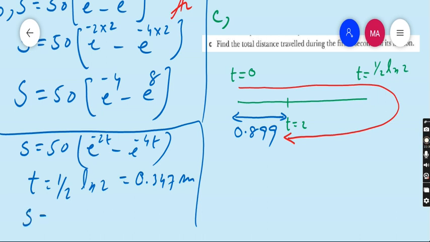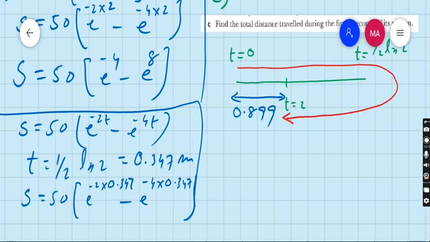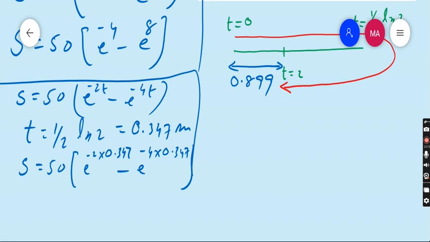So S is equals to 50 e power minus 2 into 0.347 minus e power minus 4 into 0.347, and calculate this distance. You will get the value 12.5 meter.